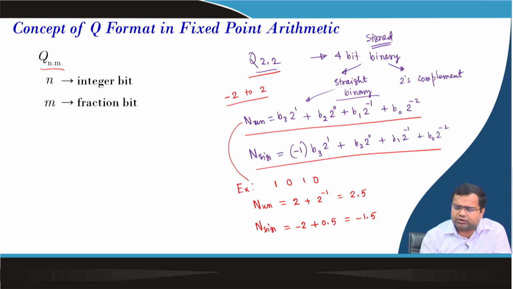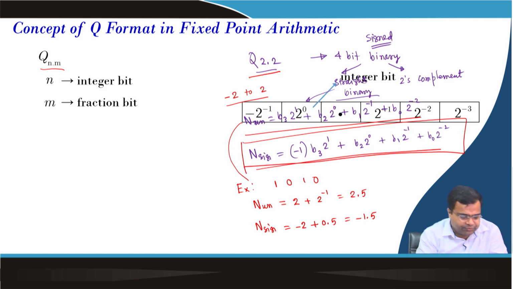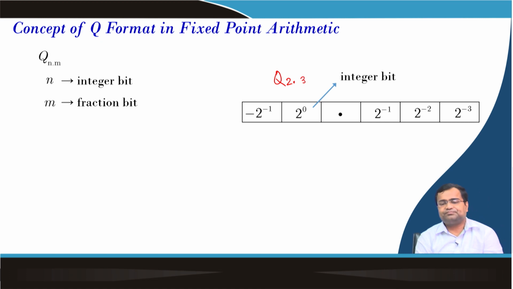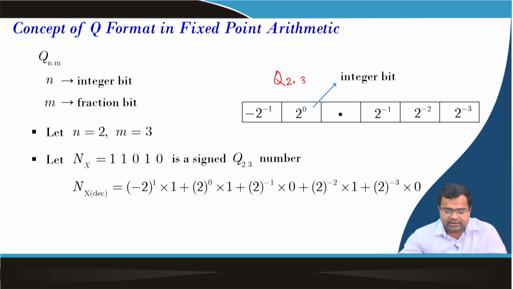So, we are just talking about the second representation in this Q format. Anything that we talk about, let us say starts with 2 integer bits. So, this is like the Q2.3 format, and by default let us assume we are talking about a signed number.